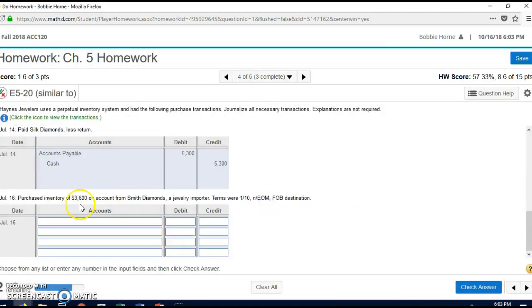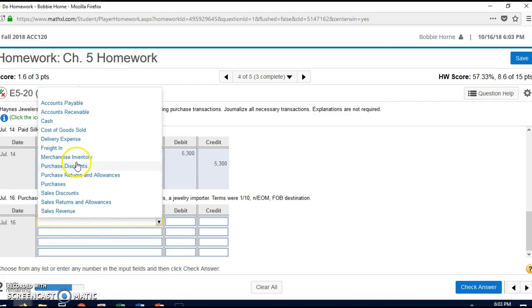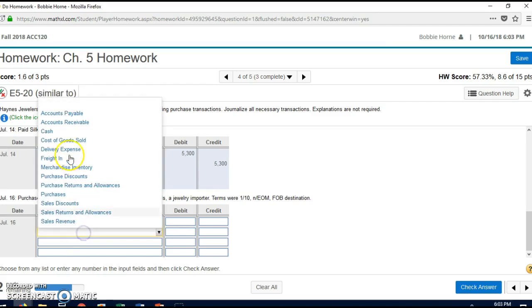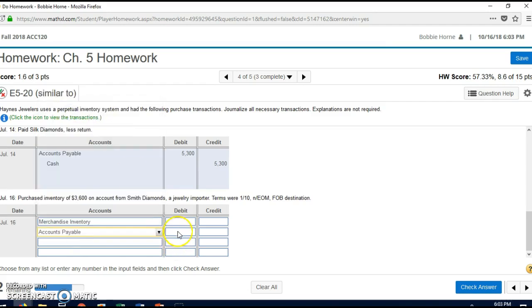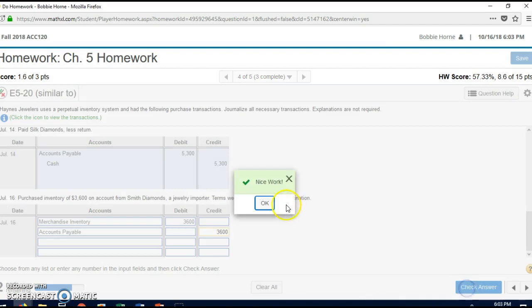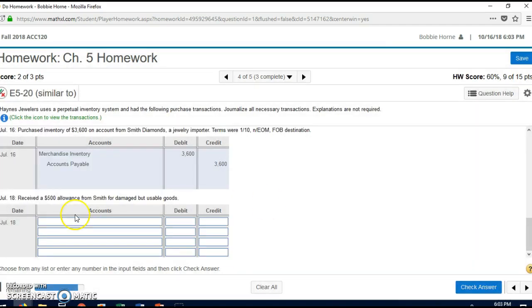Okay, and then on July the 16th, we bought inventory on account. We don't worry about the discount. So we bought it for $3,600. And then we received an allowance from Smith for damaged but usable goods.